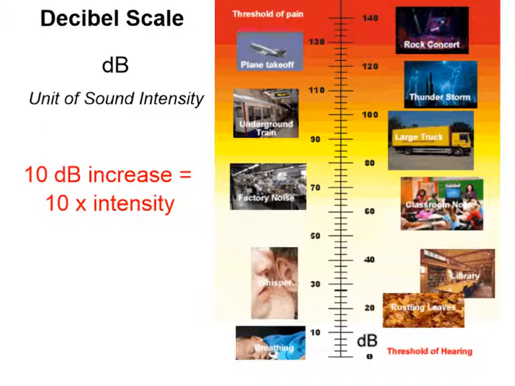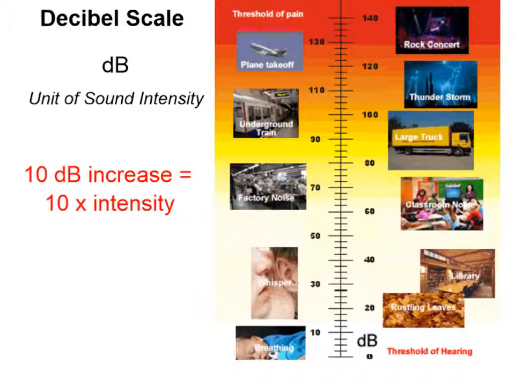You might think, well, if I go from 30 decibels to 50 decibels, that's a 20 times increase? No, it's actually 10 times 10. When I go from 30 to 50 decibels, I am increasing by 10 times 10, 100 times the intensity of sound.